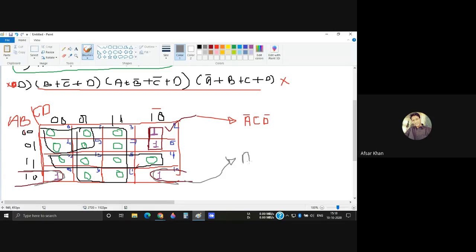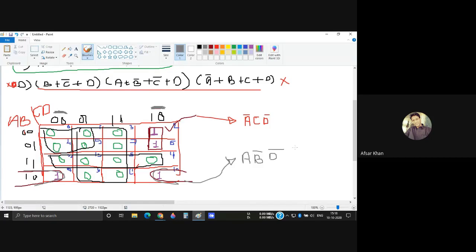It will be A B bar, and here which is common, students? B or D? D is common. So D. A B bar D will be the expression.